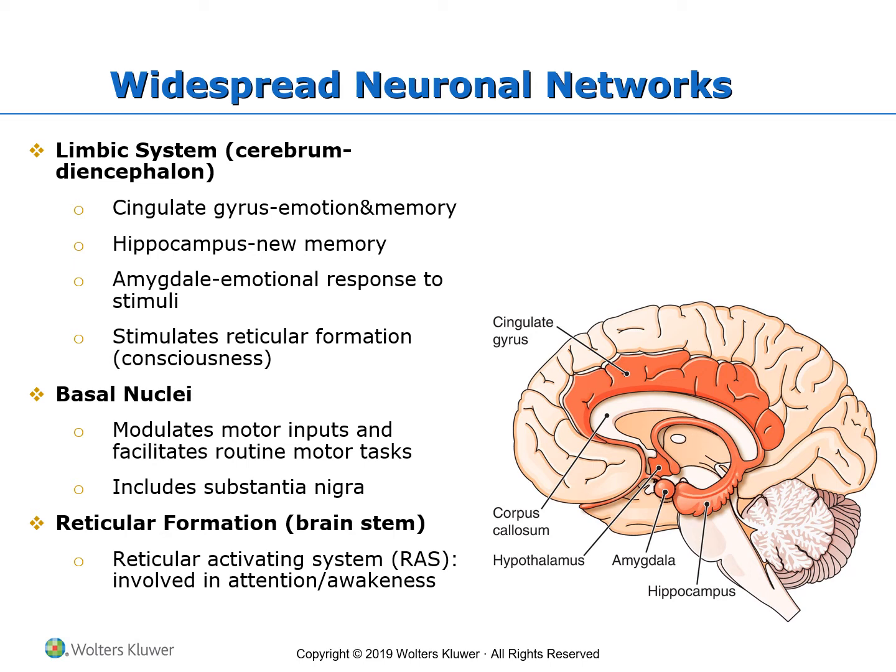Besides the limbic system, we have another one, and that's made out of the basal nuclei. Another name for the basal nuclei is the basal ganglia, and their main task is to modulate motor inputs and to facilitate all those motor tasks that we already have as a routine.